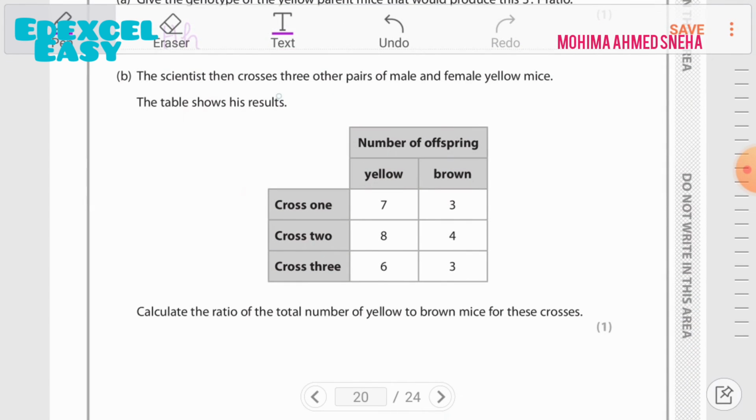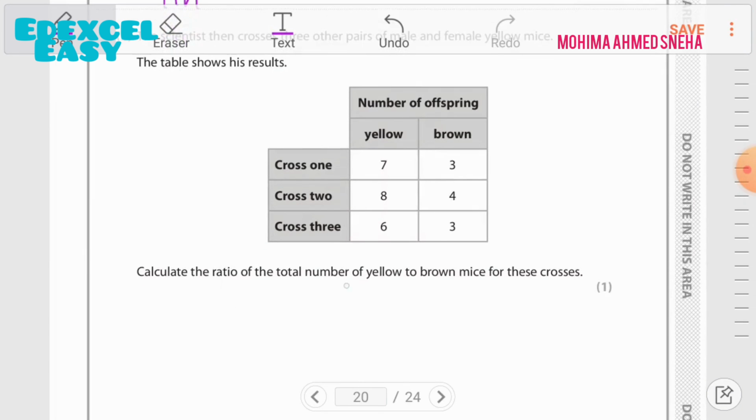The scientist then crosses 3 other pairs of male and female yellow mice. The table below shows these results. Calculate the ratio of the total number of yellow to brown mice for these crosses. If you add 7, 8 and 6 together, you get a value of 21. And if you add 3, 4 and 3, you get a value of 10.